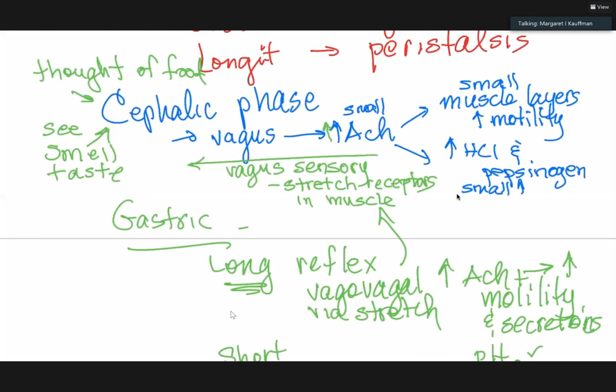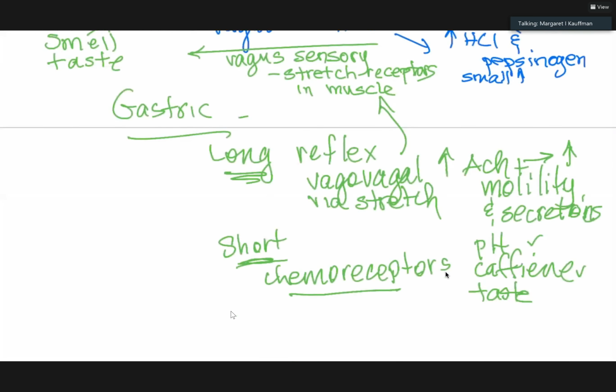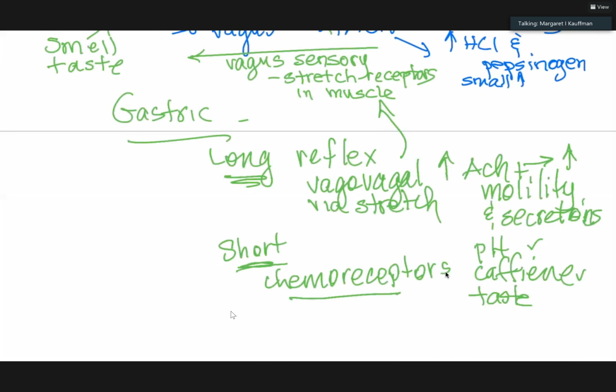So this cephalic phase is entirely long, right? It's all coming from outside the digestive tract. Once we get into the gastric phase, then we have a mixture of long and short that are happening simultaneously.